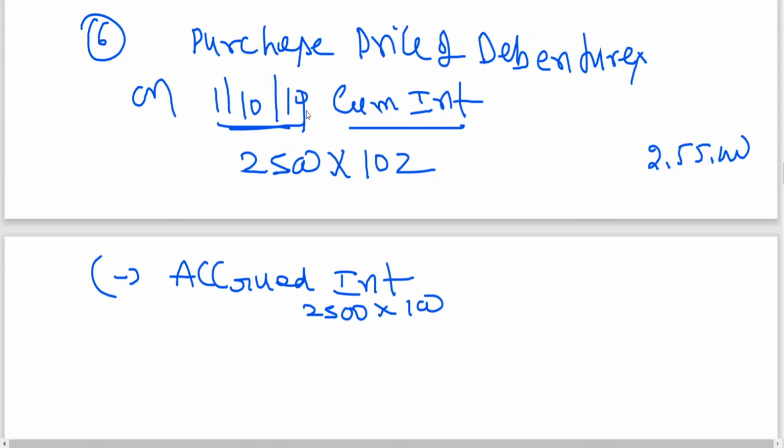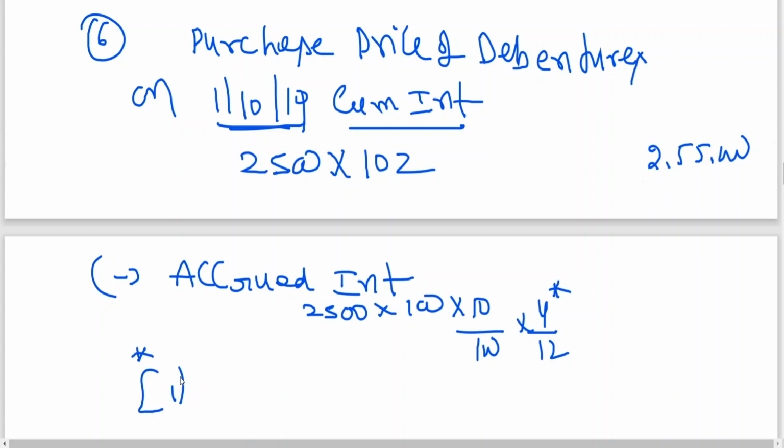October we can ignore. That is June, July, August, September. For 4 months we have to calculate. 2,500, that is nominal value, 10% rate of interest into 4 by 12. Because you have to make payment to the seller up to the date of purchase.